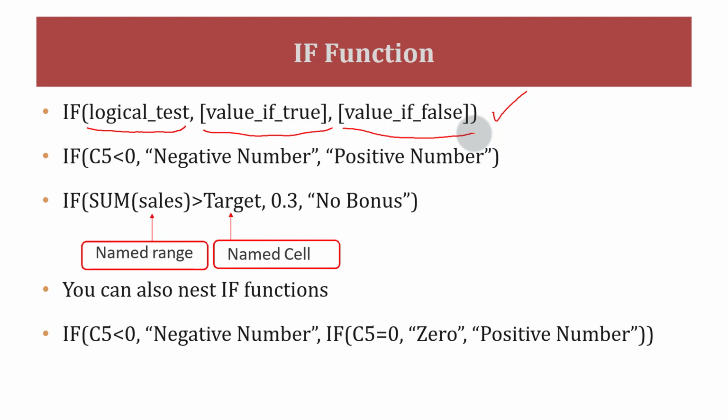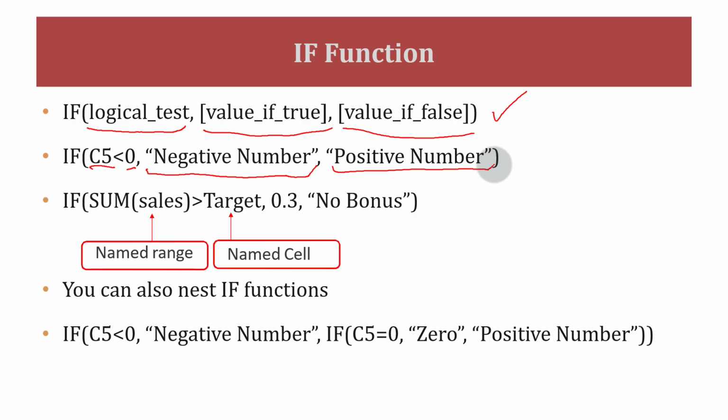So one thing you might do is say, okay, if cell C5 is less than 0, Excel is going to look at C5 and ask, is that number less than 0? Well, if that's true, then what the formula will return is the phrase "negative number", or "positive number" if C5 is not less than 0, meaning it's positive.